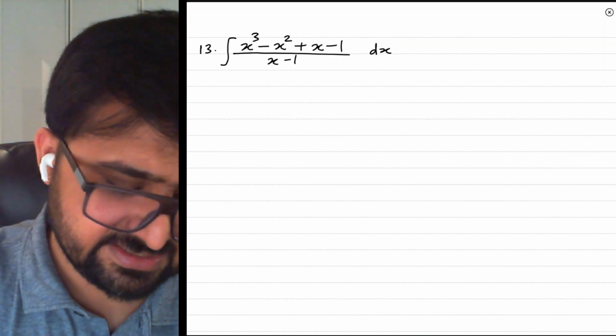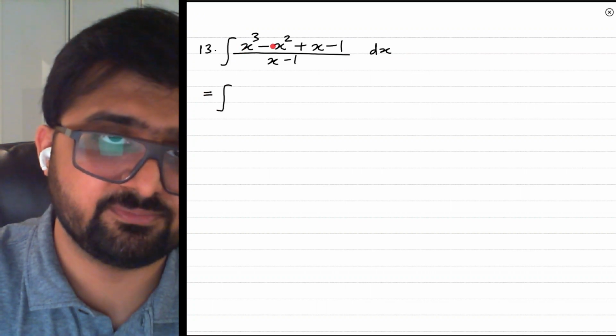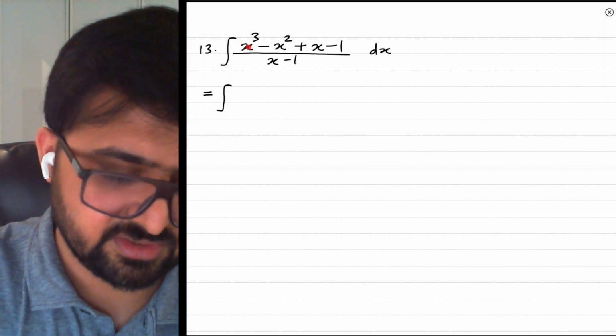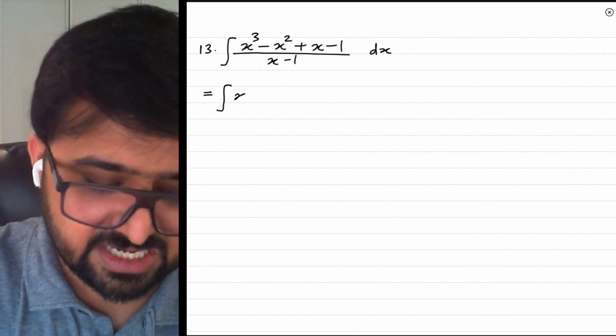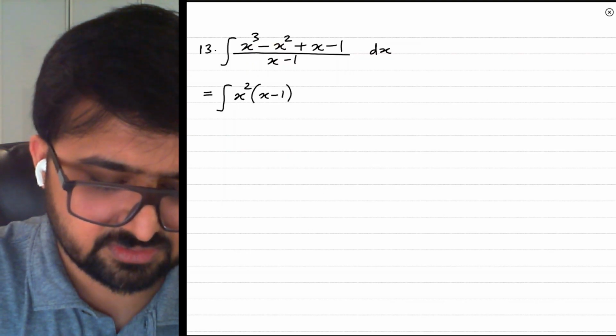But in this case, this is a special case where you can just simplify using a very simple observation. If you just see this x cube and x squared, between those two terms, you can take x squared common. So you will be left with x minus 1.